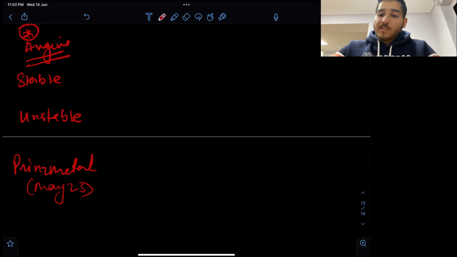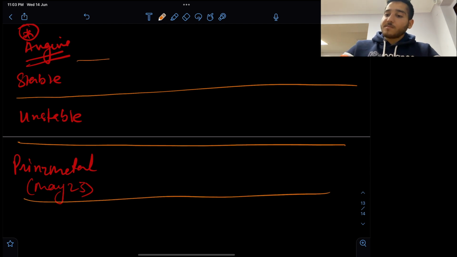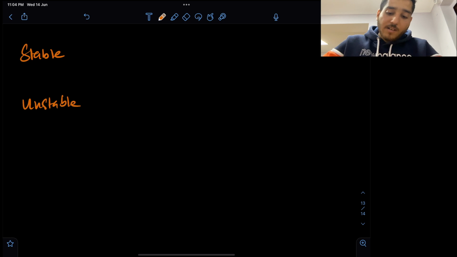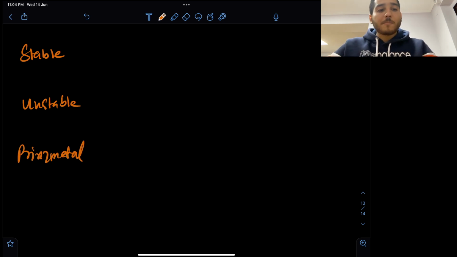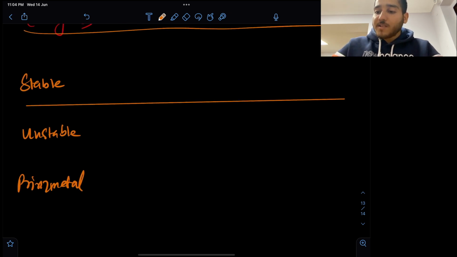So I'll try to make a table to differentiate them: stable angina, unstable angina, and Prinzmetal angina.